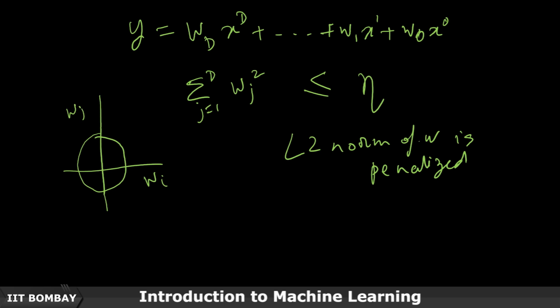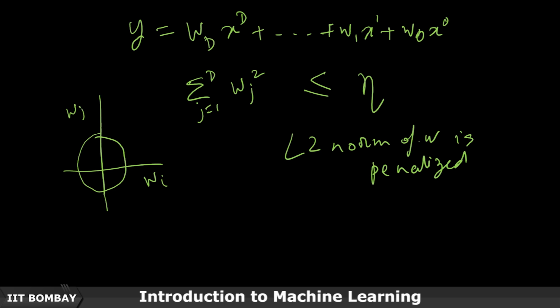So the way we will do that is use something that is familiar to you, which is Lagrange multipliers for constrained optimization. So we want to minimize the sum of squared errors between y and t. We want to bring y as close to t as possible. The constrained part of it is that while doing so, we cannot have the L2 norm of w more than a constant. Okay. And what this will do is, this will reduce the variance of the model.